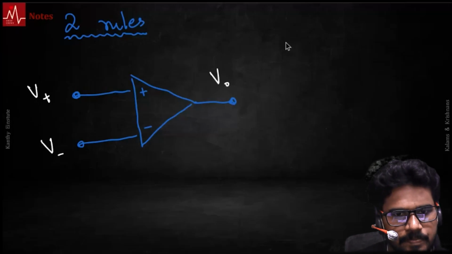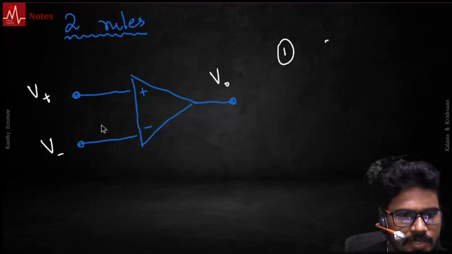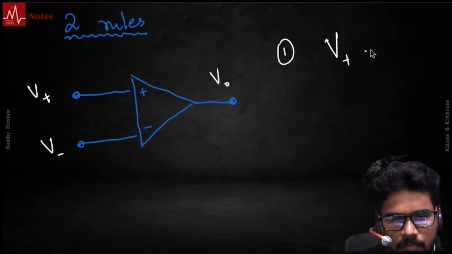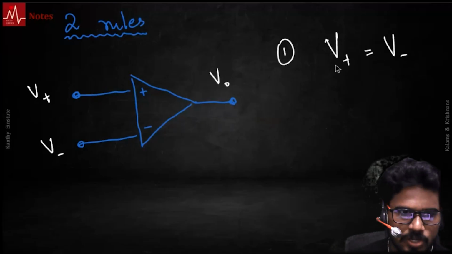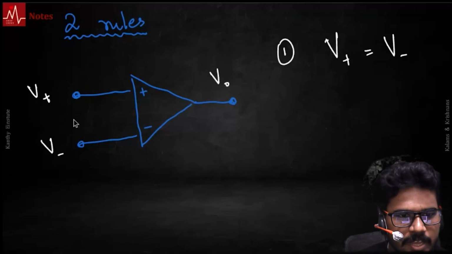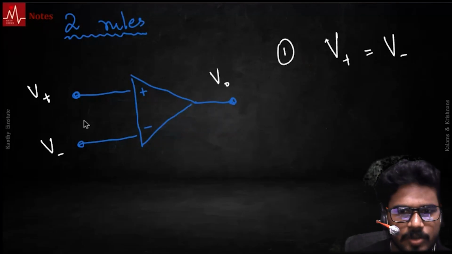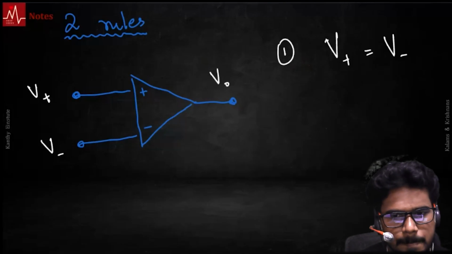Number one, the op amp will act in such a way that the two input voltages are the same. Sometimes this is referred to as a virtual short. It behaves as if these two are connected by a wire. That's a property of the op amp.